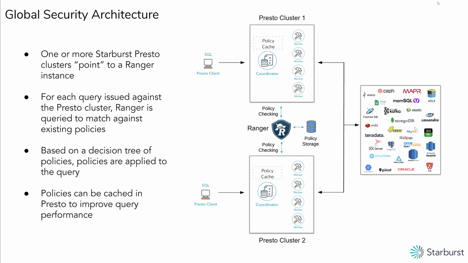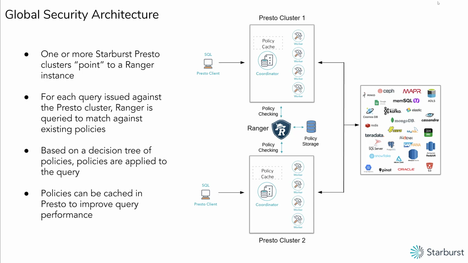This is the architecture of how it works. We use Apache Ranger because it has been around for many years now. It's literally just a front-end UI, a nice web-based application to create policies. We take a Starburst Presto cluster or multiple clusters and point them to a Ranger instance, which is something we supply here at Starburst.